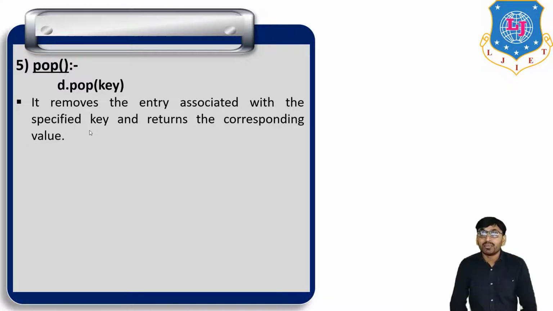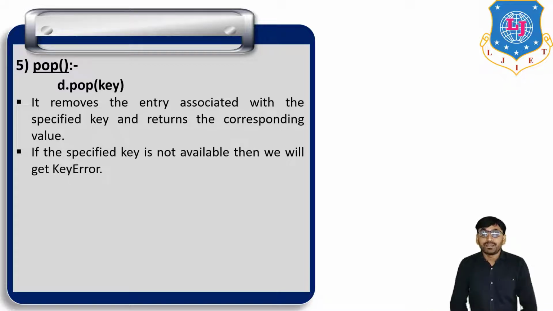It means it removes the key value pair from the dictionary and returns the corresponding value as output. Now if the specified key is not available, then we will get key error.